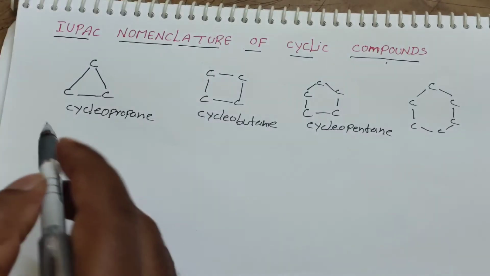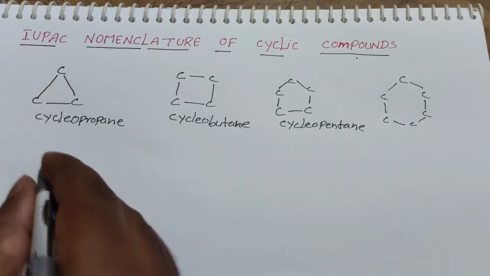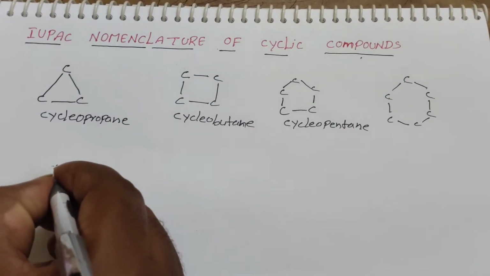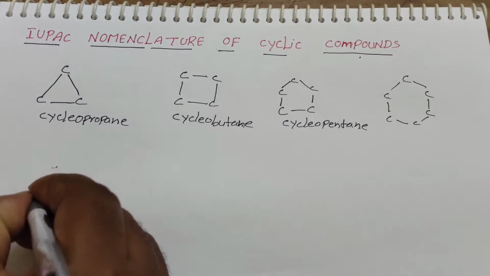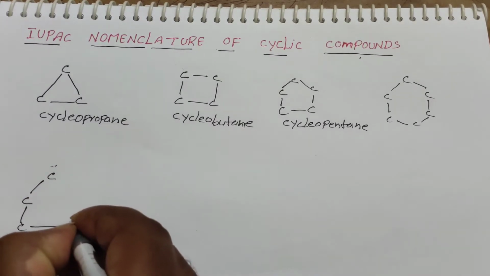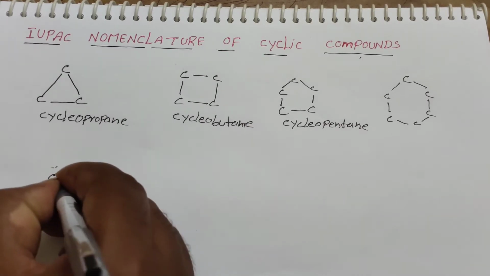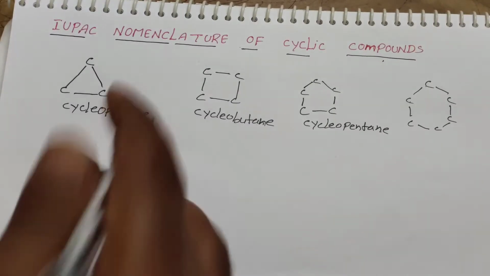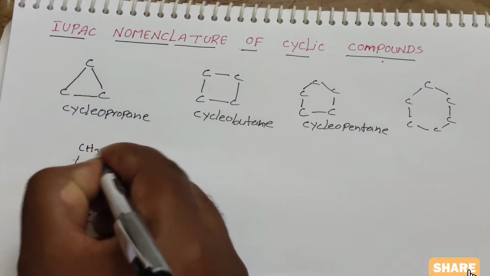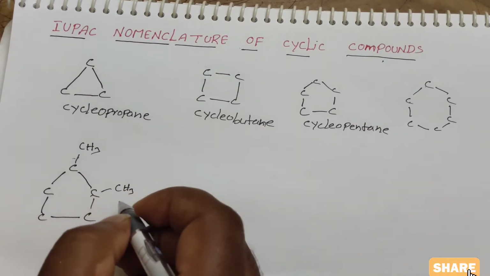For example, here I am taking one example, a ring of carbons, and here there is a substituent, that is the methyl group, and here also it is the methyl group, and both are the same.